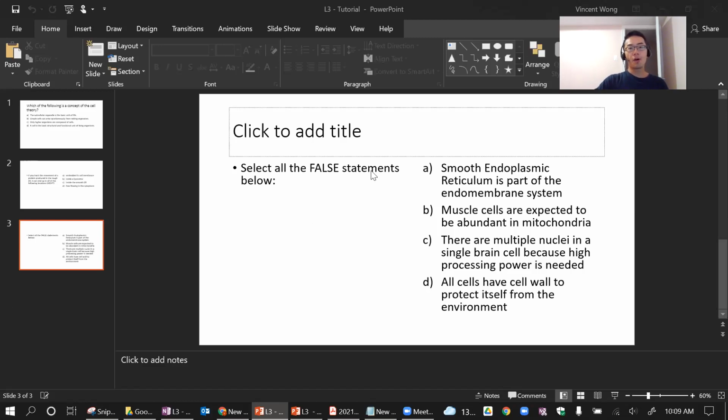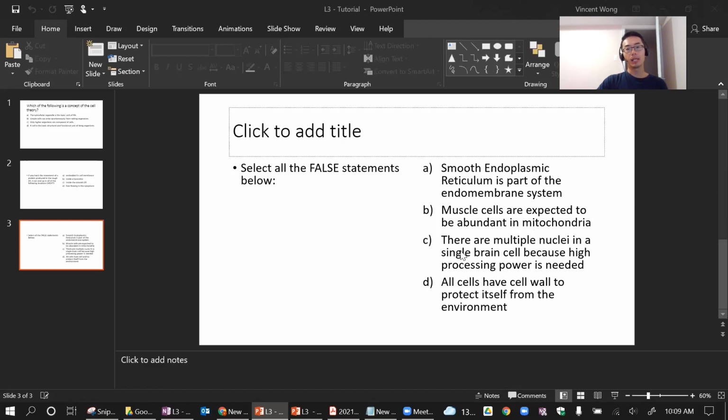So select all false statements. So let's take a look. The first one, smooth ER is part of the endomembrane system. We know that is correct, so that's not the answer. Muscle cells are expected to be abundant in mitochondria. It's correct, right? You would expect to have a lot of energy producing mitochondria in muscle cells. So that's not the answer.